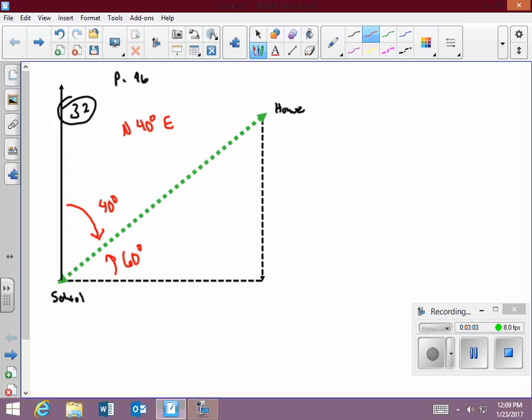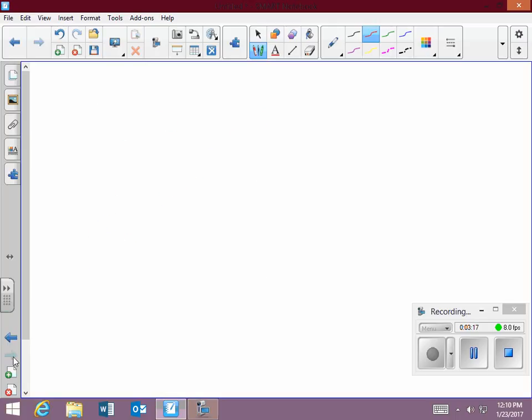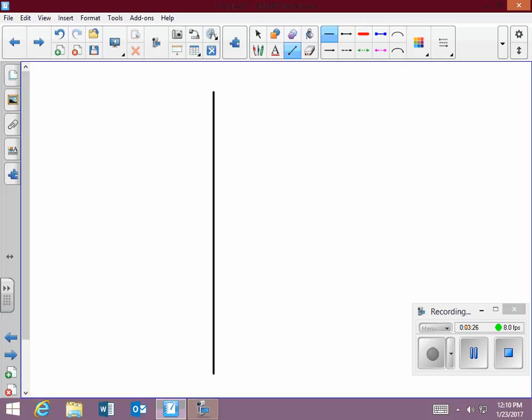Now I'm going to do a problem that has azimuth. It's problem 33 where it explains azimuth. It says an azimuth is a line, if you go north south, the angle the line segment makes with the north-south line.